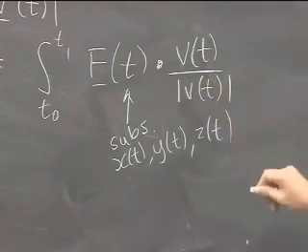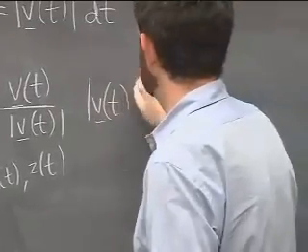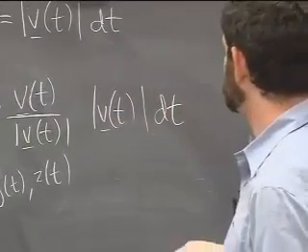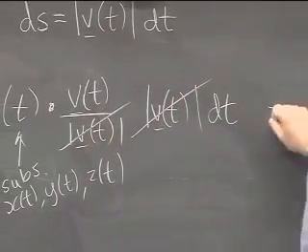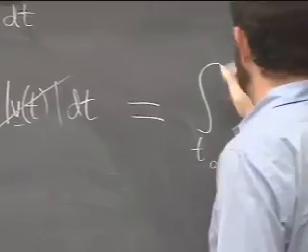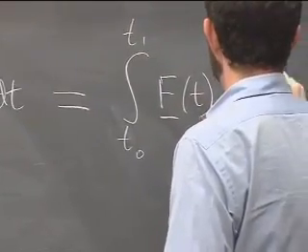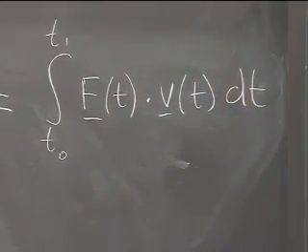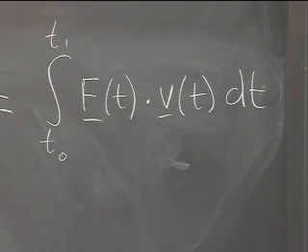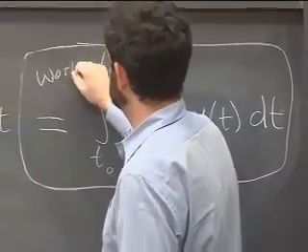That's the tangent vector. And then you multiply by the speed. ds becomes the speed dt, and these cancel. So the actual formula that you need is just this. No speed necessary. It's just F at the parameterized point t dot the velocity vector dt. And this is work. Equals that.